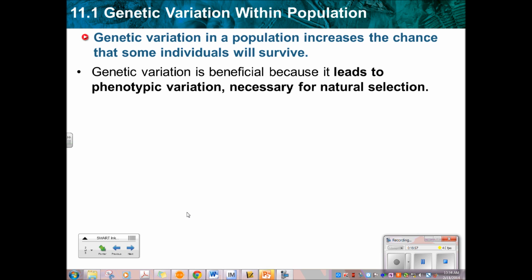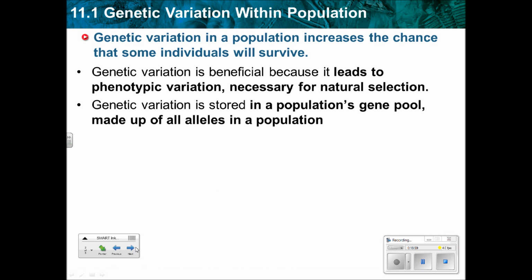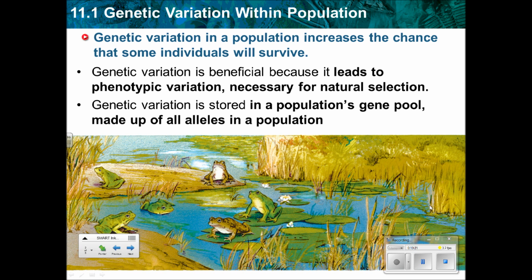The second box, what does it say? Is it where it's stored? So where is variation stored? Well, back at the gene level. So in a population's gene pool, just like a swimming pool. This is all the possibilities, all the possible genes that a population can have. So when we look at those frogs, we see variation, the phenotype, but which is actually caused by the genes.